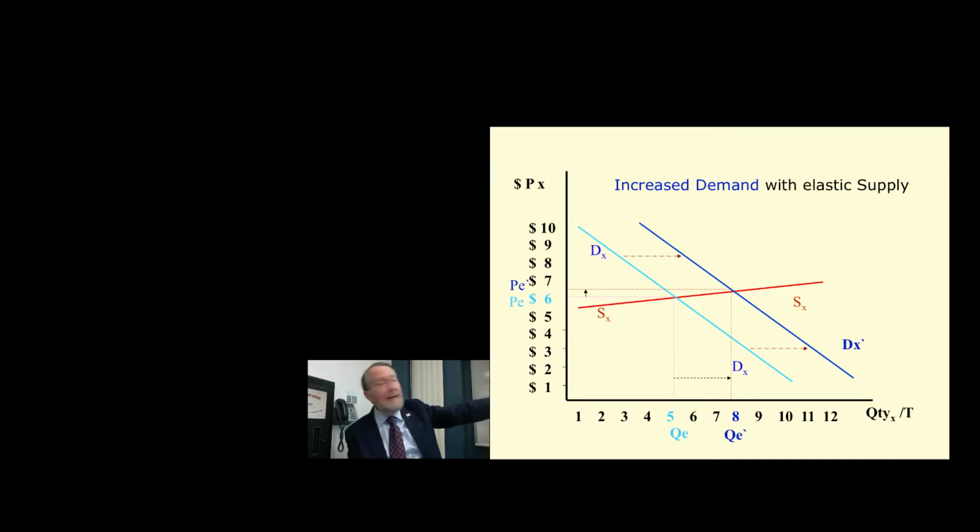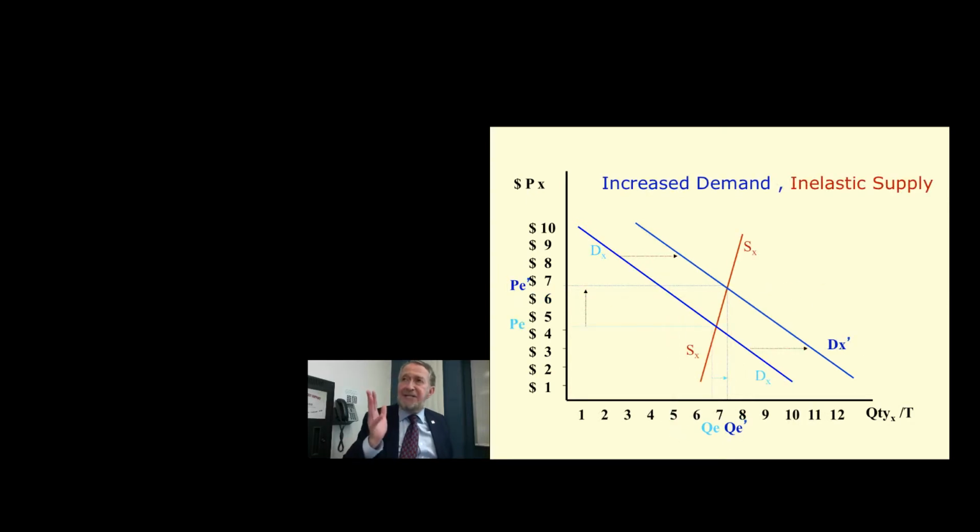Everybody see it, right? And the reason is that it doesn't take much of a price increase to pull forth a lot more production. It must be the case that they have lots of resources that are very similar to the ones they're using. Demand increases, they're able to expand production without too much additional cost. If instead I drew an inelastic supply, steep curve, the same change in demand, notice what the effect would be.